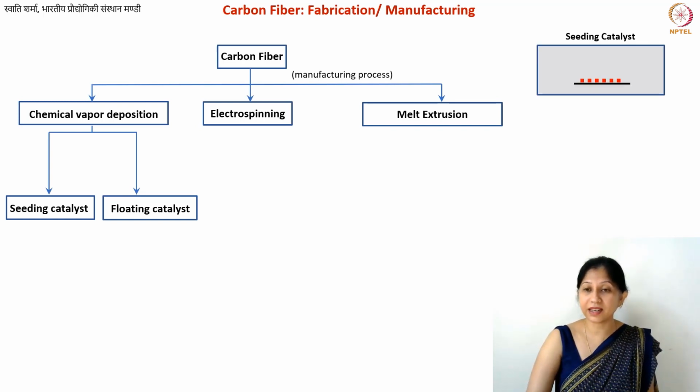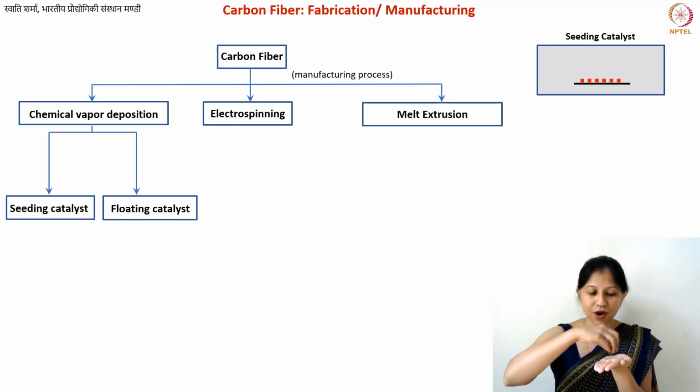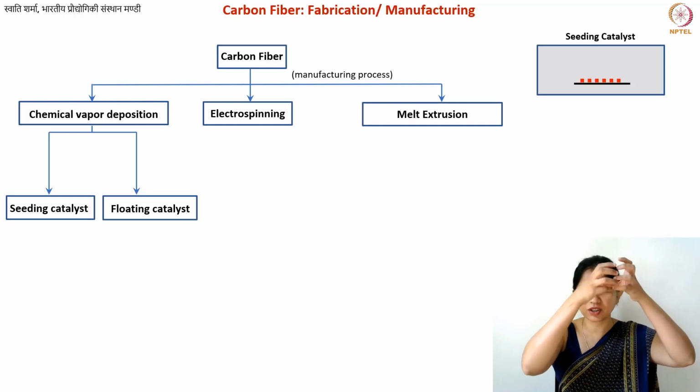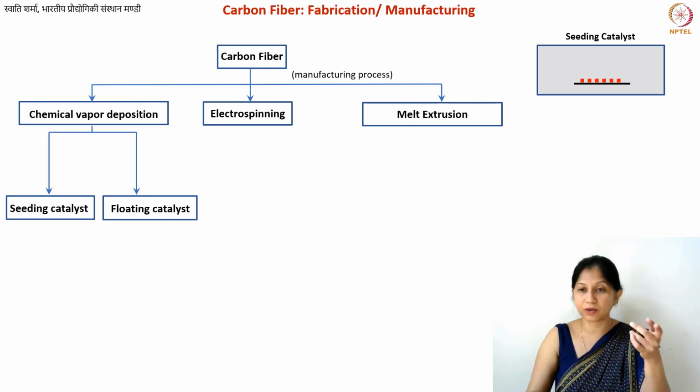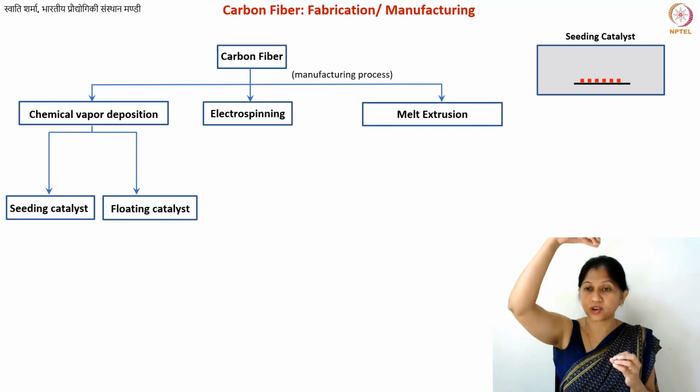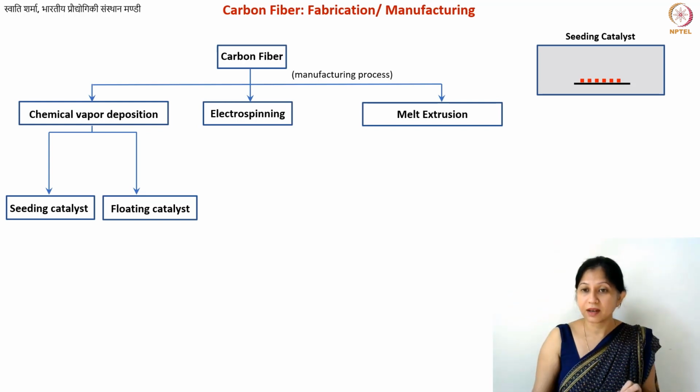Seeding catalyst means you have catalyst attached to a solid substrate. So you have the catalyst on top of it. Now what will happen when there is pyrolytic deposition? You will have these structures growing like a forest. That was the one that I had shown you in the picture on the previous slide. So you will have the structures growing on top of these catalysts.